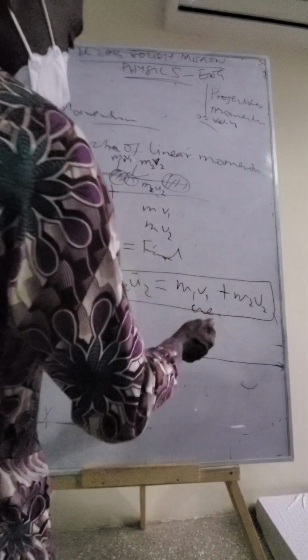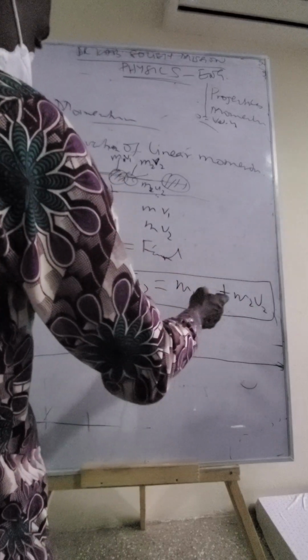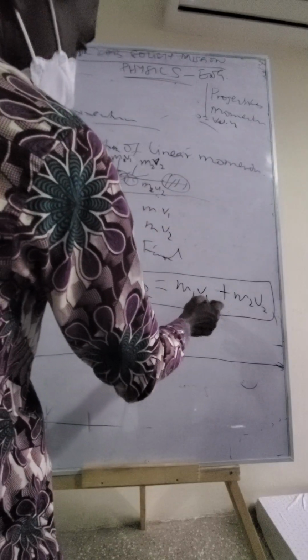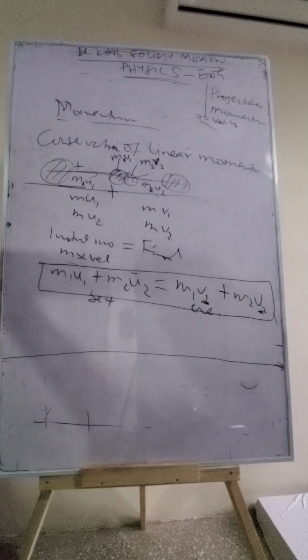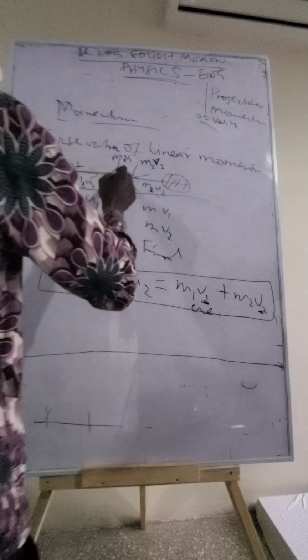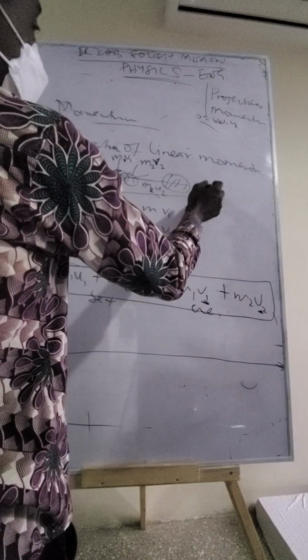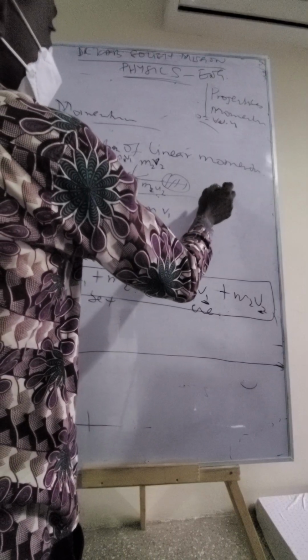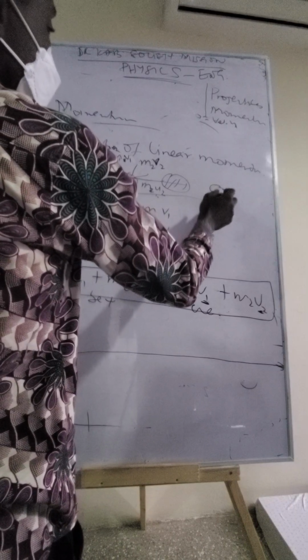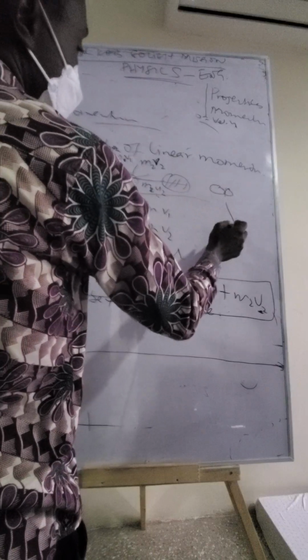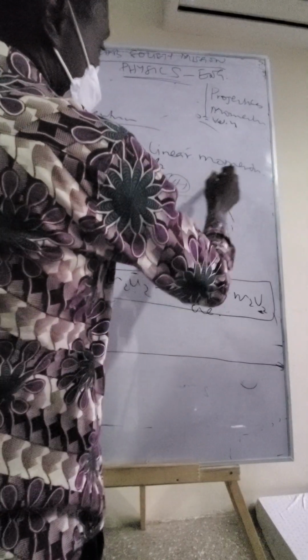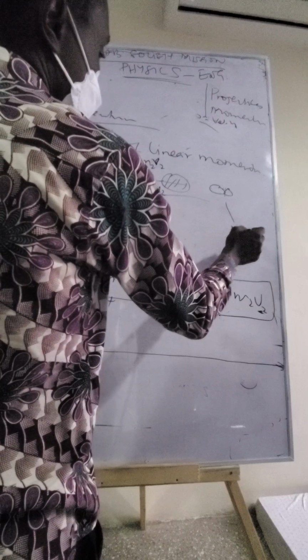So after collision, if you are told one moves in that direction and the other in the other direction, this direction is positive. You make sure you take that into account in giving the magnitude, the v's. Alright. But remember that even if they move at an angle, maybe after they collide, the two can stick together. If they stick together, then that is inelastic.